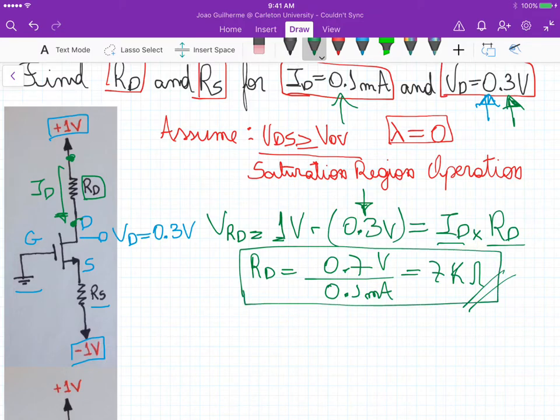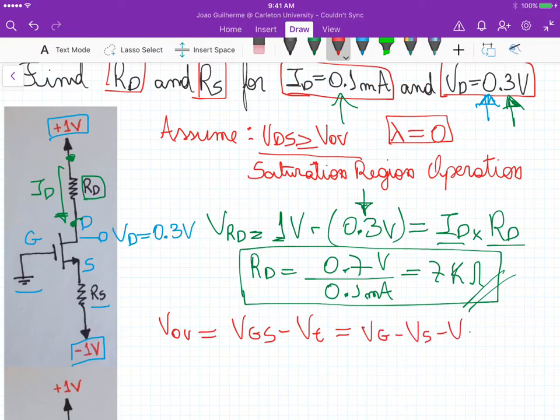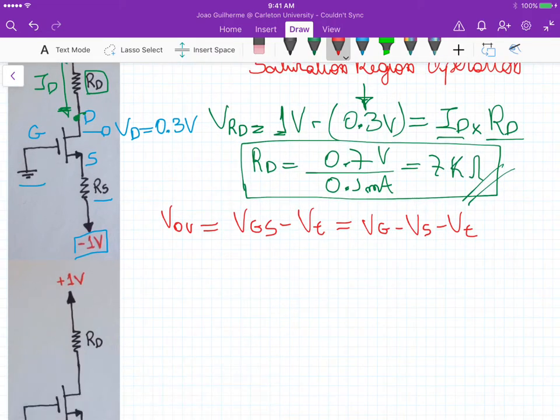Now for RS, we need to remember that the overdrive voltage is equal to VGS minus the threshold voltage, which is the same as VG minus VS minus the threshold voltage.